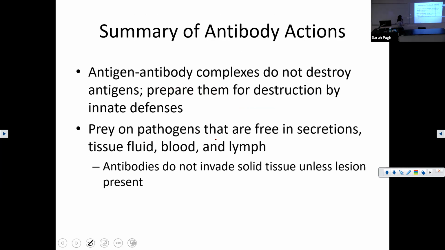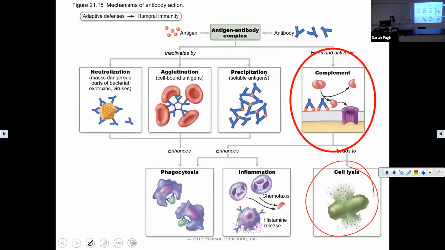So in summary, just in terms of our antibodies, so the antigen and antibody complex. So when an antibody binds to an antigen, remember it's not destroying the antigen, it's flagging it for destruction by one of these 4 ways listed here.